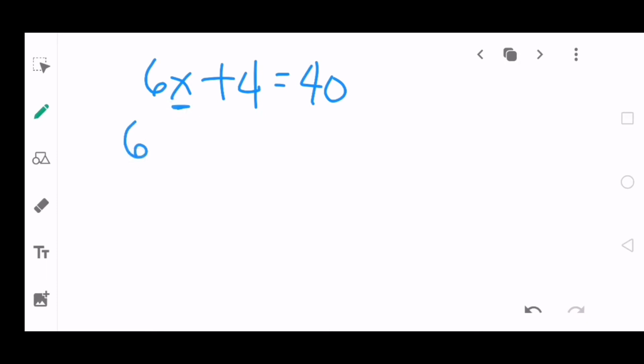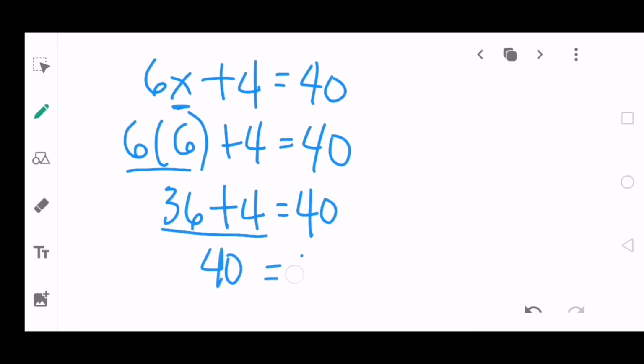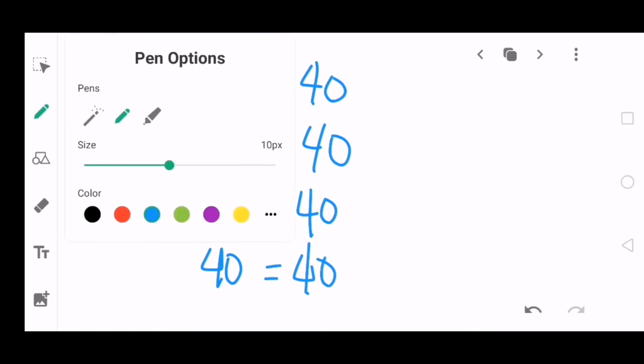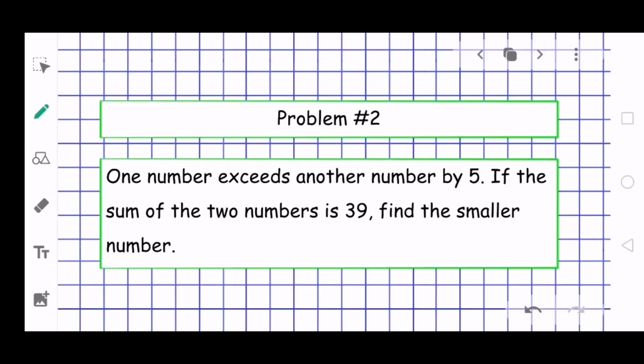So 6 times our value of x, which is 6, plus 4 is equal to 40. 6 times 6 is 36, plus 4 is equal to 40. So 36 plus 4 is 40, which is equal to 40. Therefore, our answer is correct. As simple as that.